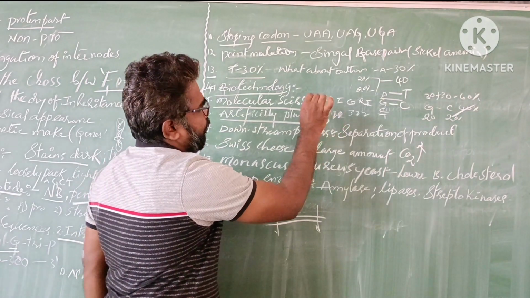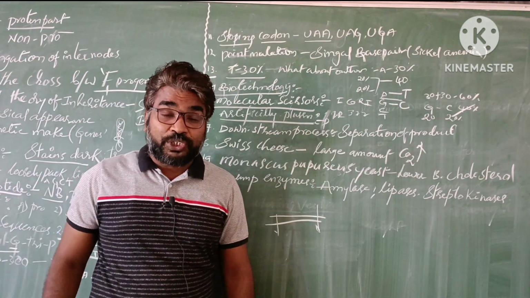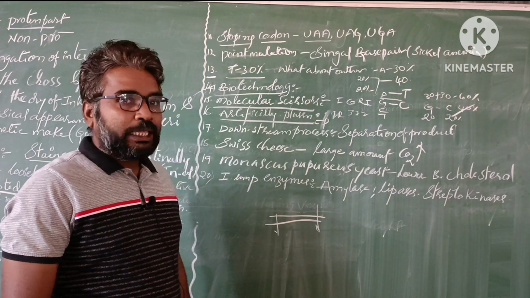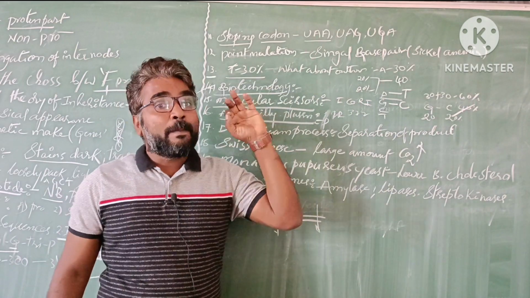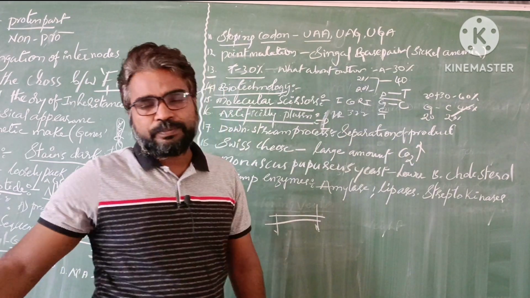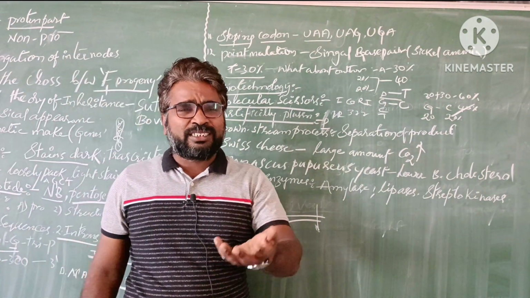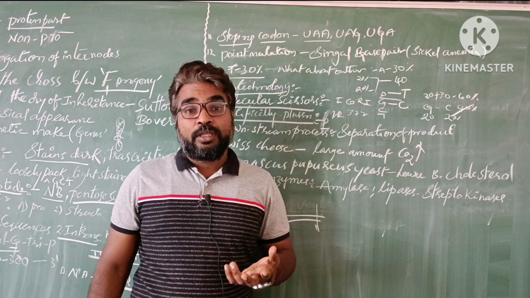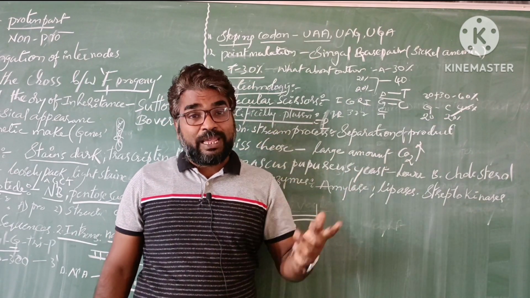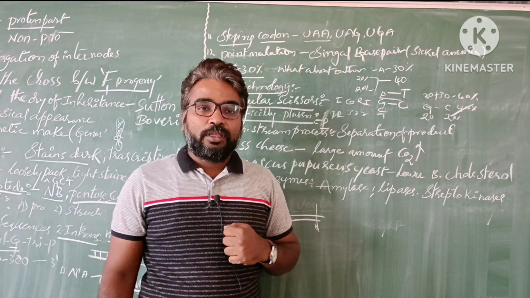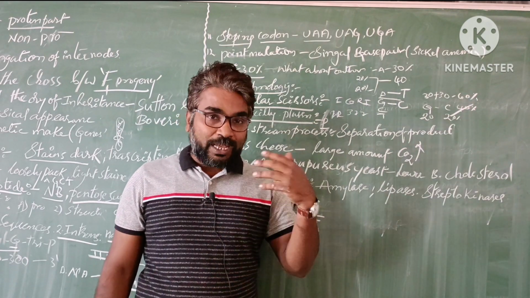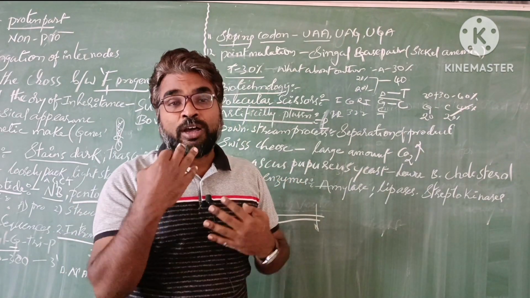Okay, next one, artificial plasmid. Example for the artificial plasmid, pBR322. P means plasmid. Plasmid means, as we already know, extra-chromosomal DNA, which we use as a vector. Those plasmid vectors we synthesize artificially.